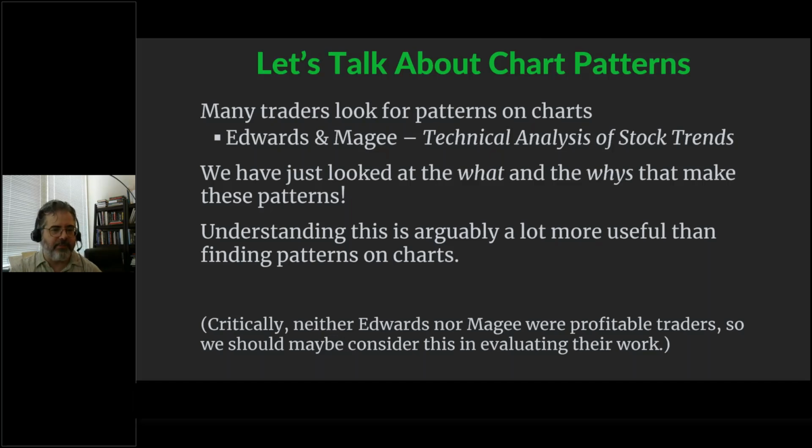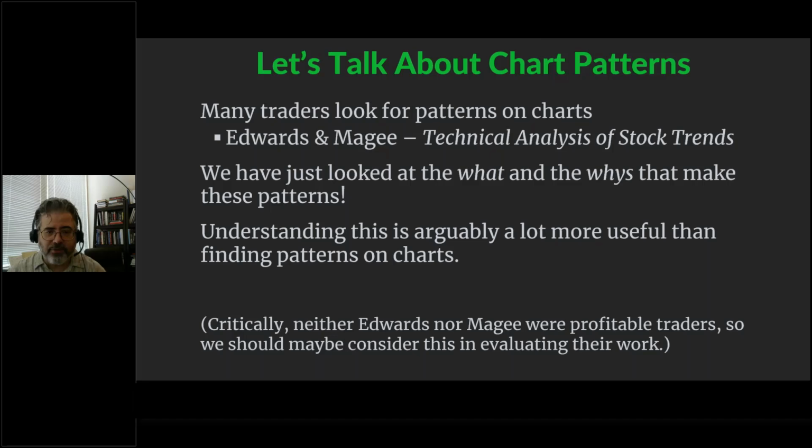Well, you've just seen this: the interplay of buying and selling pressure, the impact of potential climax at the end of a trend, the impact of fresh momentum, of overextension, buyers and sellers leaning too far in one direction, getting a little bit tired. This is what's behind all of these chart patterns.